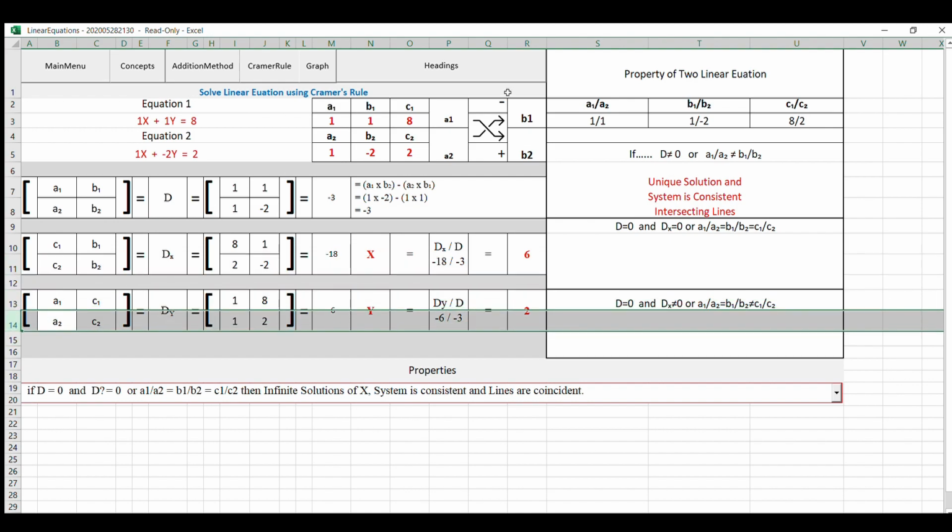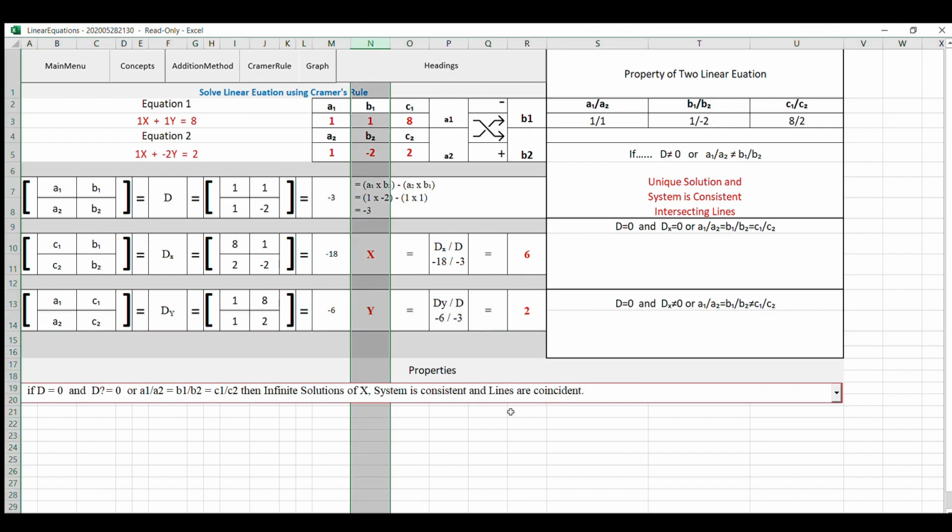Okay, in the third matrix for Y, what you do is you eliminate coefficients of Y, and then you write down A1, C1, A2, C2 after eliminating this column. And since in this case you have eliminated coefficients of y, this determinant is called dy.